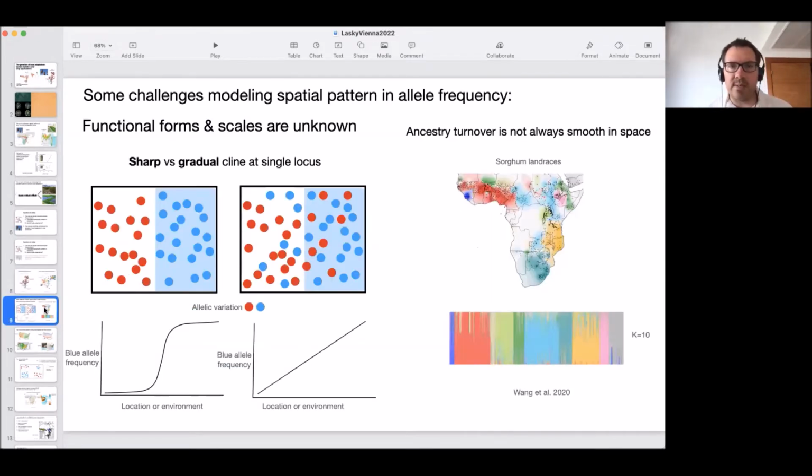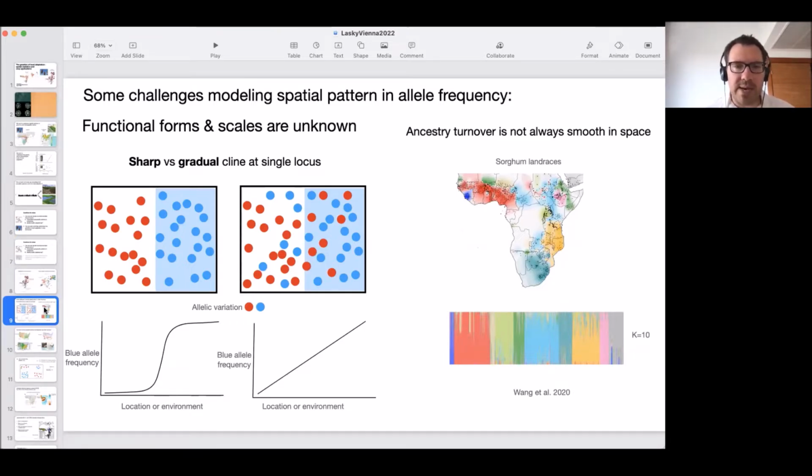And one of the reasons that I've gone down this path, and something that's motivating me, is that oftentimes when we're trying to build statistical models for change in allele frequency across space, it's not exactly clear what kind of functional form and at what spatial scale that variation might be occurring.